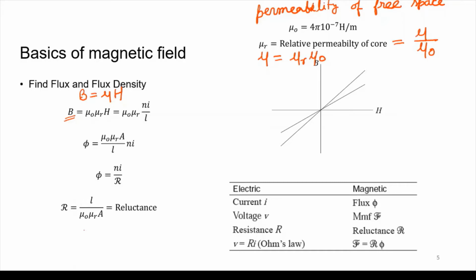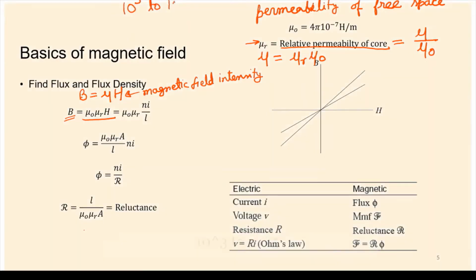Therefore, B equal to mu naught mu r H. Here mu r is called the relative permeability of the core and H is the magnetic field intensity. The typical range of mu r for a magnetic material is something like 10 raised to power 3 to 10 raised to power 5.